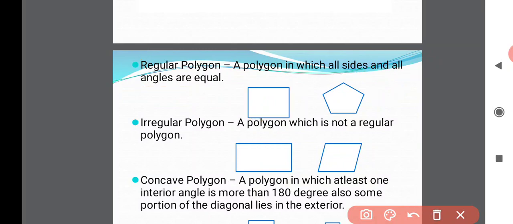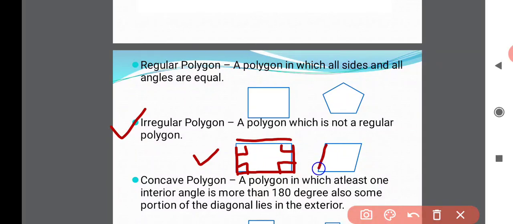Let's see the next type, that is irregular. As the name suggests, these are not regular. For example, a rectangle. I know that in a rectangle all angles are equal, each angle measures 90 degrees. But what about sides? Only the opposite sides are equal, but not all the sides are equal. So it is not regular. It is known as irregular. Similarly, a rhombus.